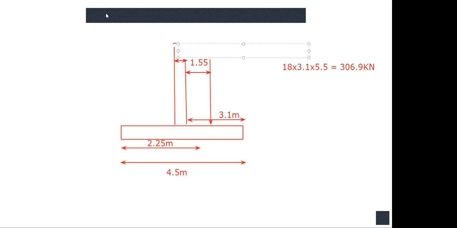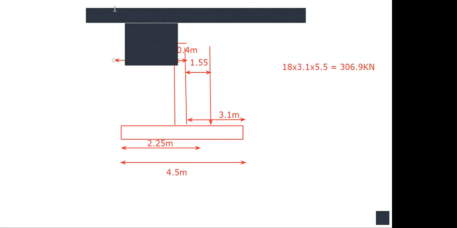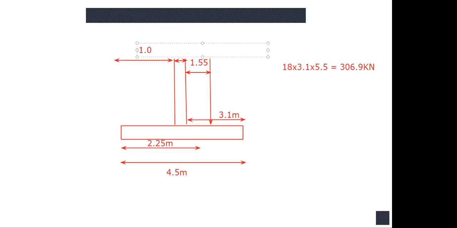Let me put 0 to avoid confusion: 0.4 meters. And the remaining part here is 1.0 meters. Right? Now I can say that from here to here is 1.4.